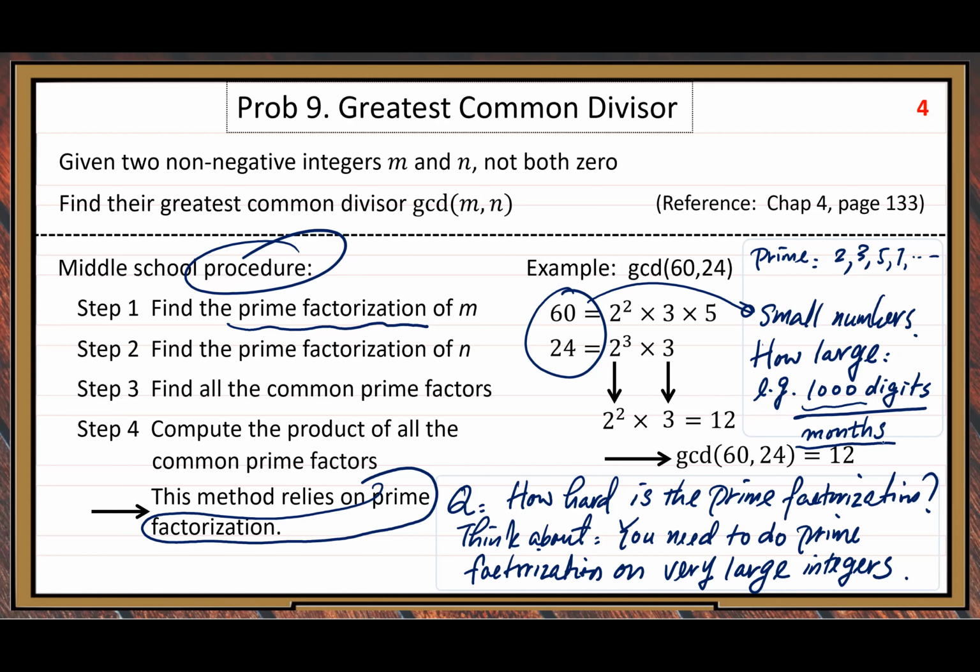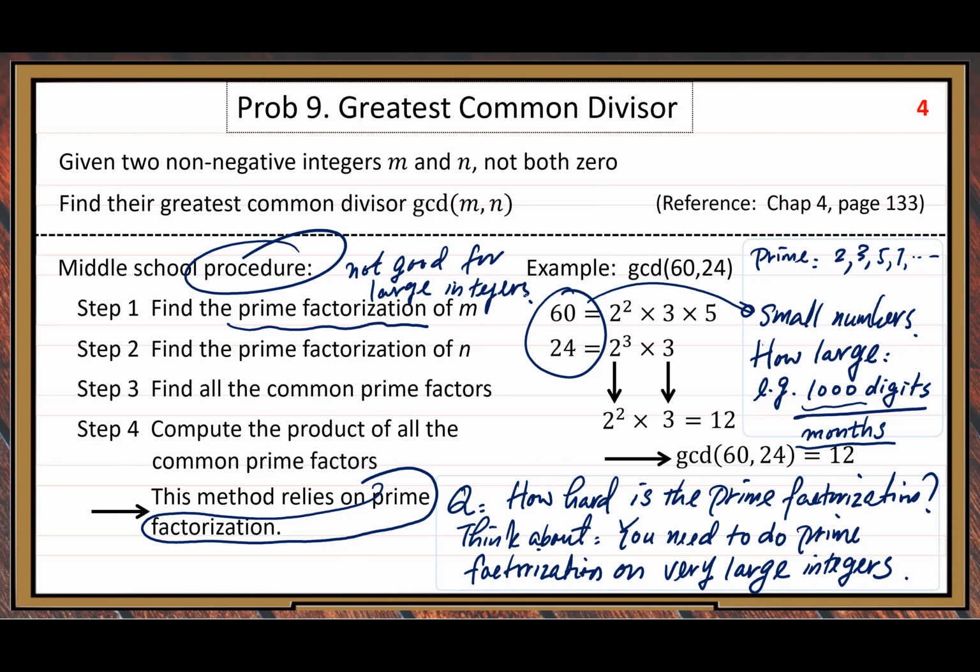But now the computer technology is so advanced, and still we need several months of computation time. Think about that. So that tells us one thing: this procedure for large integers is not good, too slow for large integers.